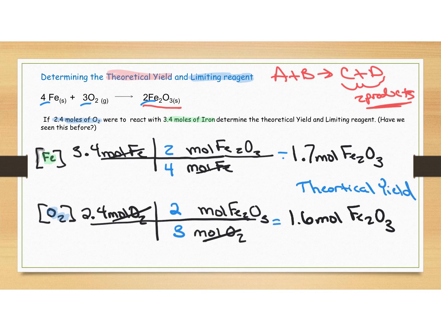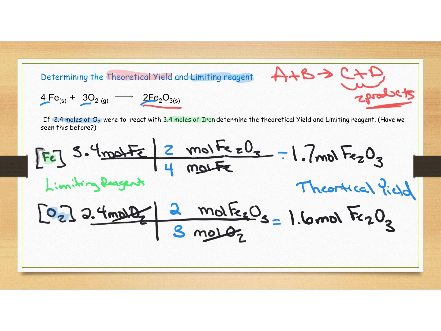What determines my theoretical yield is my limiting reagent, which you will find on the left-hand side when you're doing these problems. So it's going to help if you set them up this particular way.